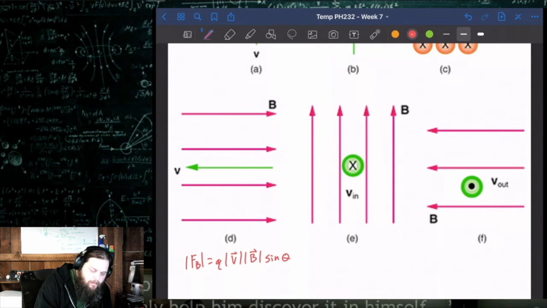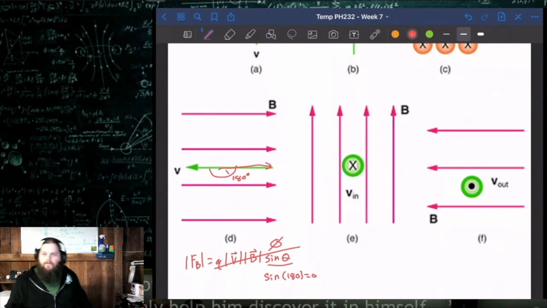The angle between here is basically 180 degrees, right? Because my magnetic field is going this way, so this angle is 180 degrees, and sine of 180 is 0. So this whole thing is going to equal 0.